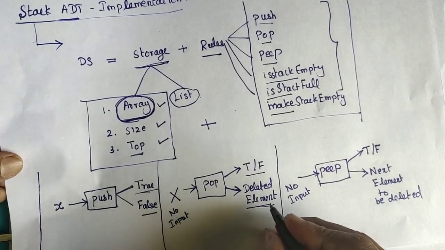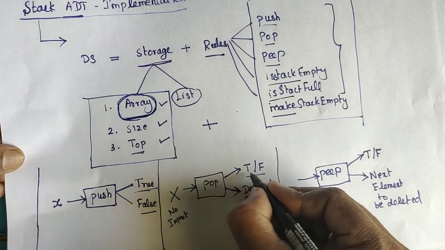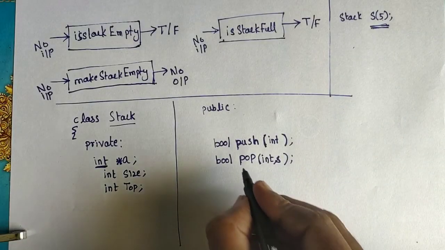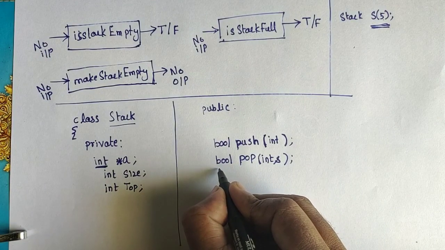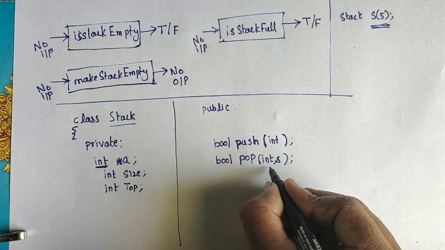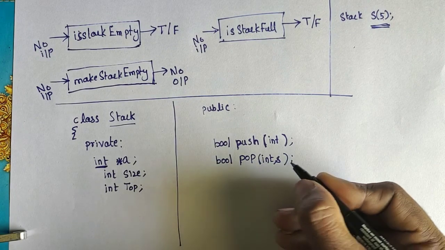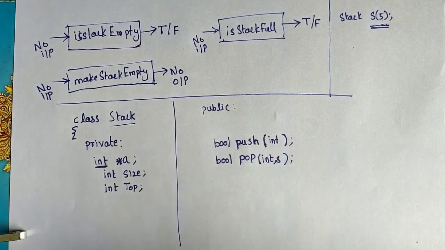Here I need two kinds of information, the deleted element and the success or failure message. So I fixed the return value as boolean, and then added one output parameter. This is not an input, it is just an output parameter, and it is going to be updated. After completing that operation you will understand this also.